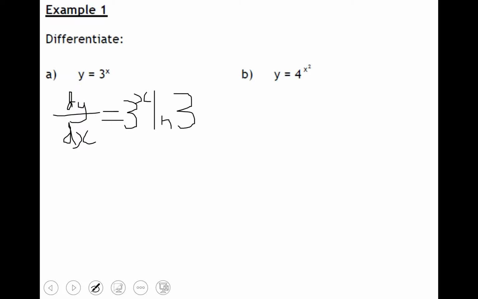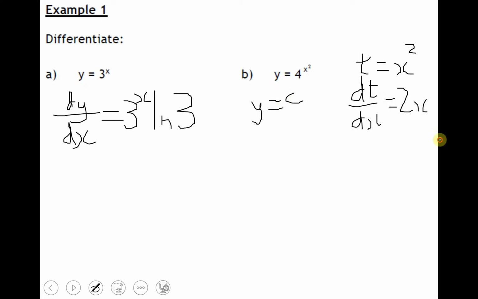With y equals 4 to the power of x squared, we have to use chain rule. t is equal to x squared, therefore dt by dx is 2x. That makes y equals 4 to the power of t.